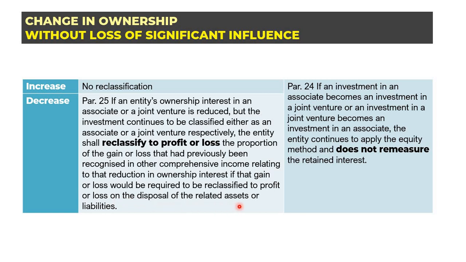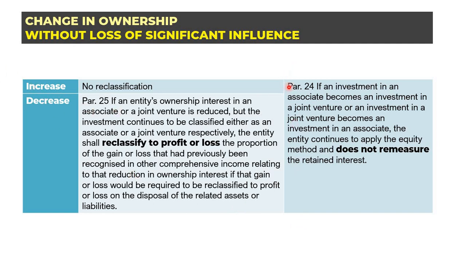So, dito naman, ibig sabihin nito, kung meron tayong OCI na nire-record dahil kay associate, i-reclassify natin or i-recycle natin ngayon siya sa profit or loss based doon sa amount or sa percentage of ownership na nawala sa atin.